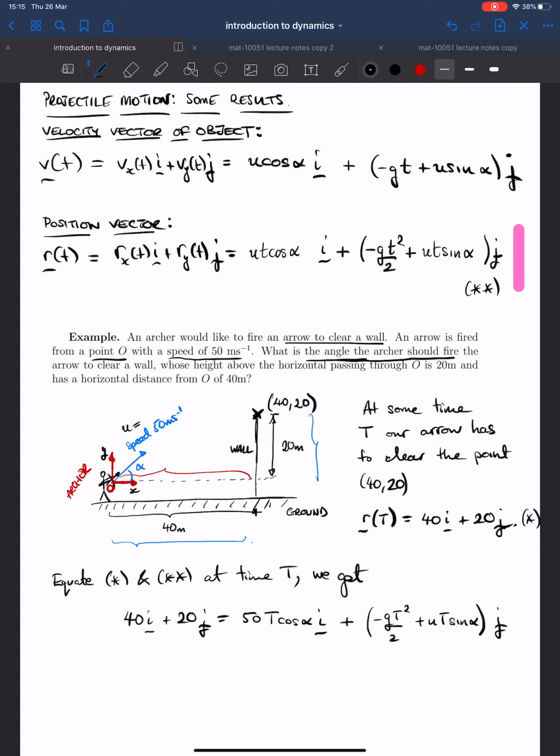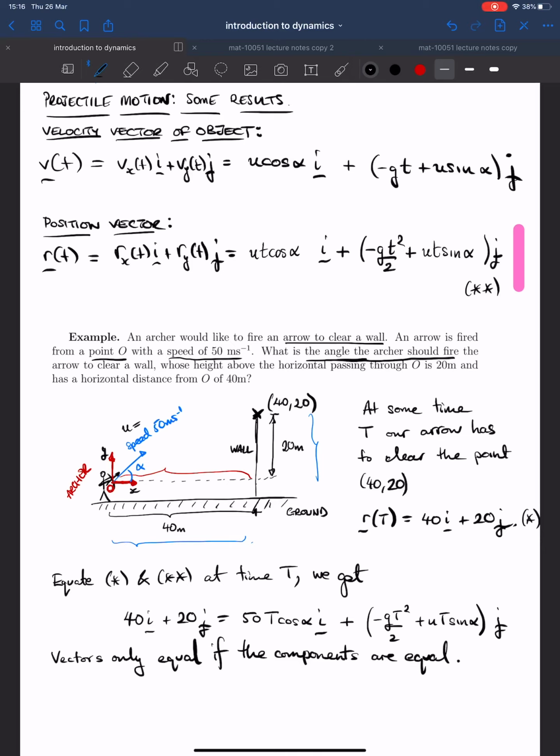So we get this. Vectors are only equal if the components are equal.